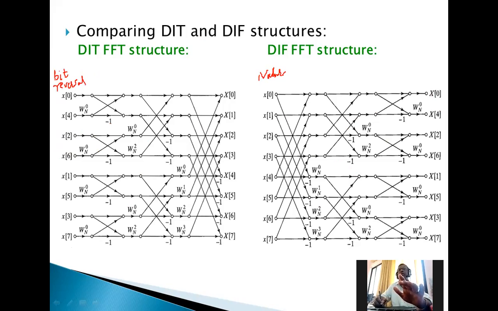The output for DIT FFT is in natural order, and here it is in bit reversal order. That is the main difference. Here it is 2-point, 4-point, and 8-point, and this is 8-point, 4-point, and 2-point. So this is the main difference between the DIT and DIF structures.